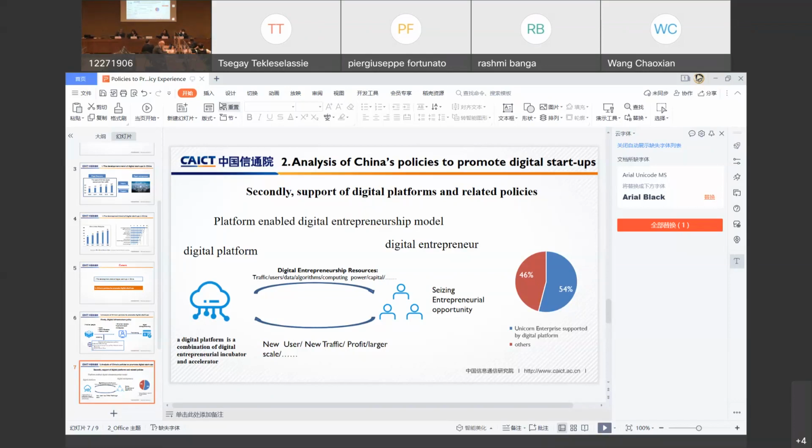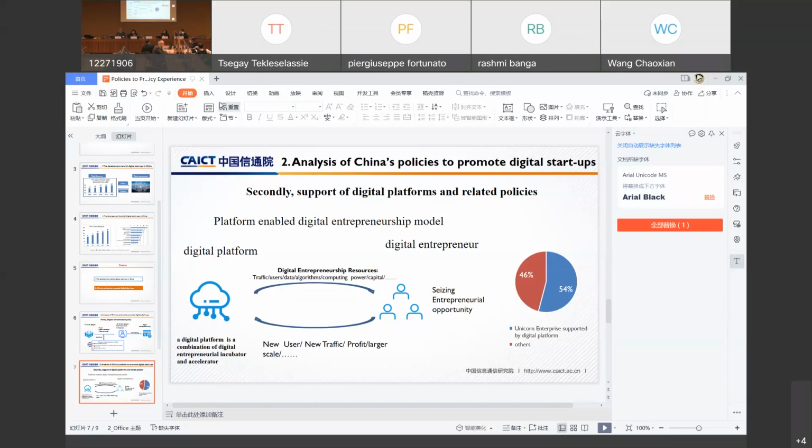In general, a digital platform is a combination of digital entrepreneurial incubator and accelerator with rich entrepreneurial resources and efficient organization. In the first wave of digital development, with the support of China's platform economic policy and the joint efforts of all sectors of society, several large digital platforms have grown up, which have become important investors and enablers for startups today.